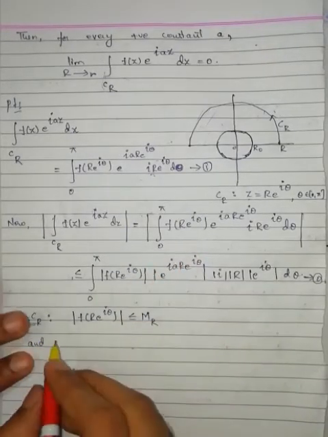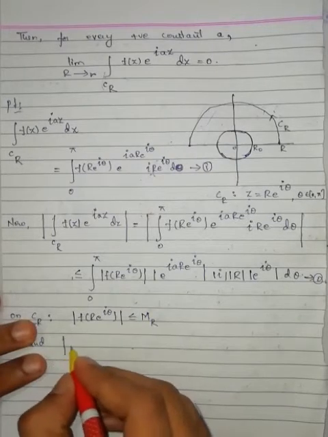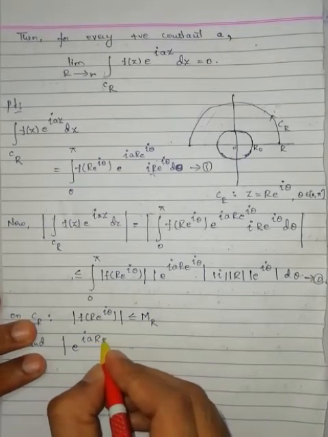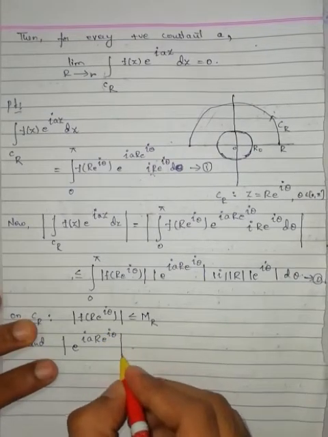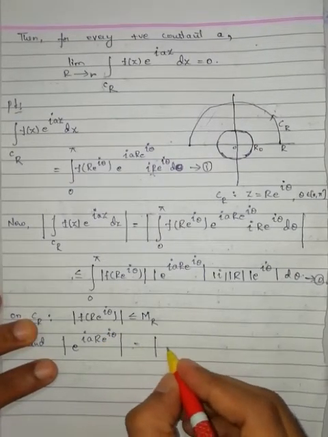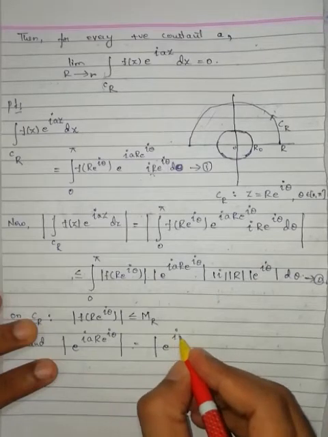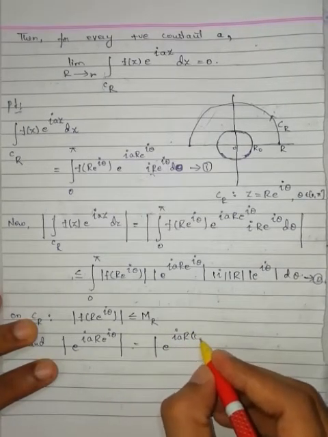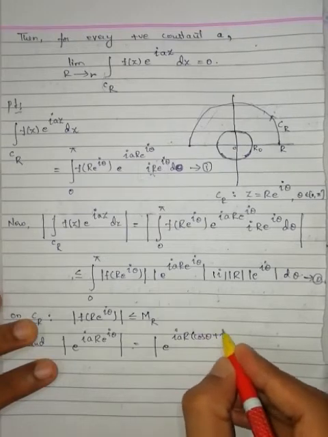Now this one: modulus of e to the power of iota a capital R e to the power of iota theta is equal to modulus of e to the power of iota a R e to the power of iota theta, where e to the power of iota theta is cos theta plus iota sin theta.